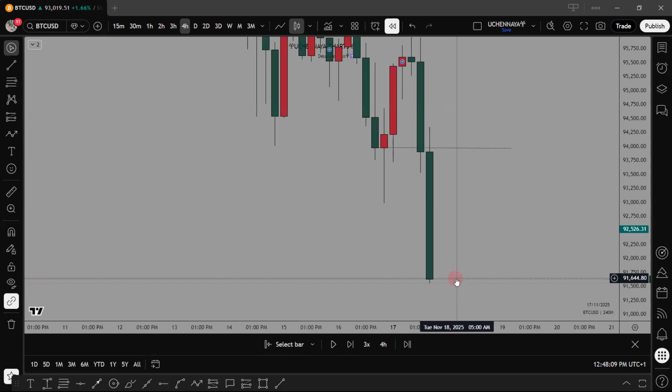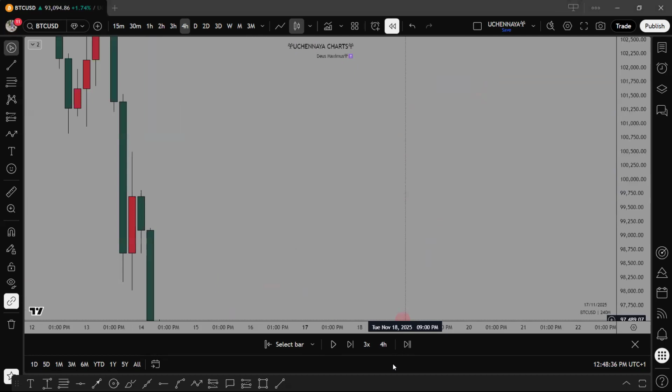Are you with me? So it doesn't necessarily have to be a structure coming back to that level. It can be the next candlestick that will actually retest into that SBR level.